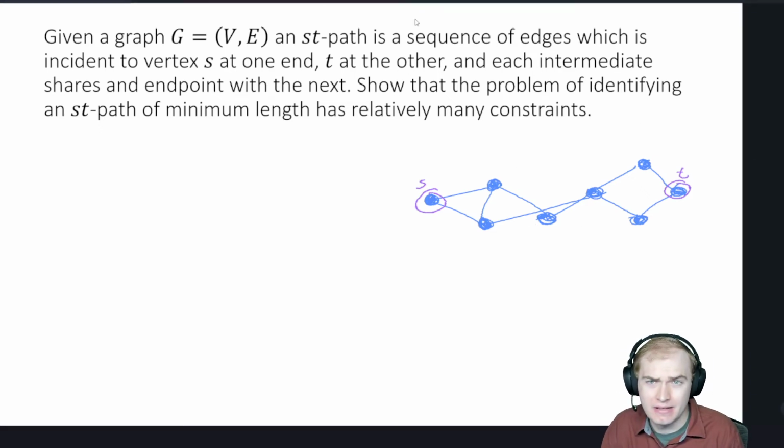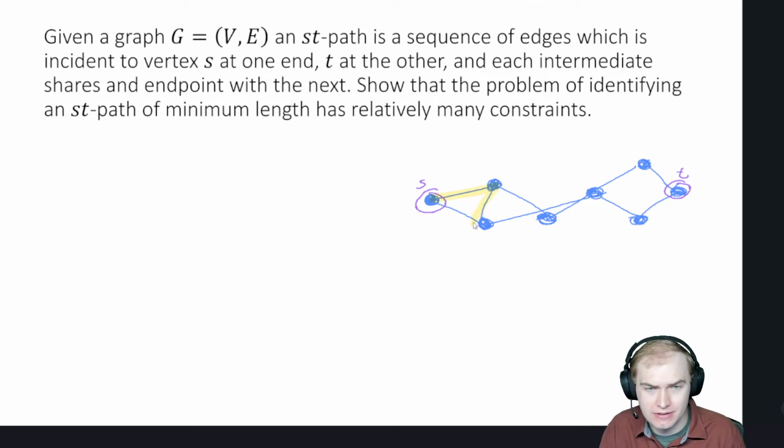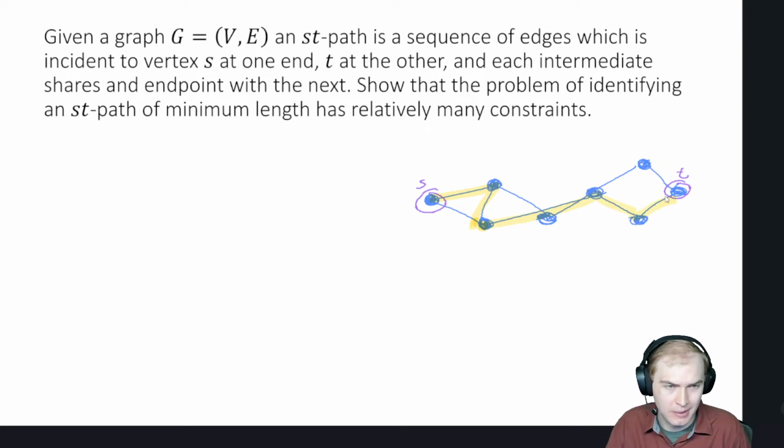So an ST path is just a sequence of edges that if we follow that sequence, it'll get us from S to T. There are a variety of formal ways to define that, but that's kind of the intuitive way.